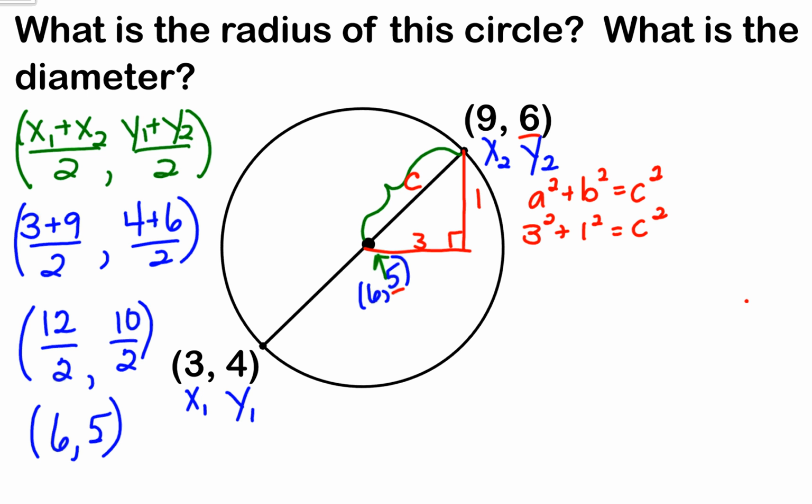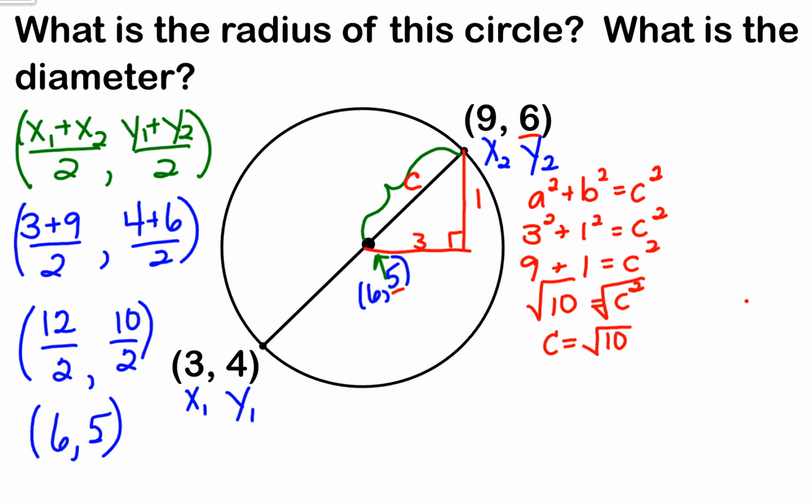I know that I'm trying to find the radius, which would be our C. 3 squared is 9, 1 squared is 1, and I have C squared. I have 10 is equal to C squared, and I would take the square root of each side, which would give me C is equal to radical 10. It's going to be some number that's a little bit bigger than 3, but we'll leave it as radical 10 for right now.